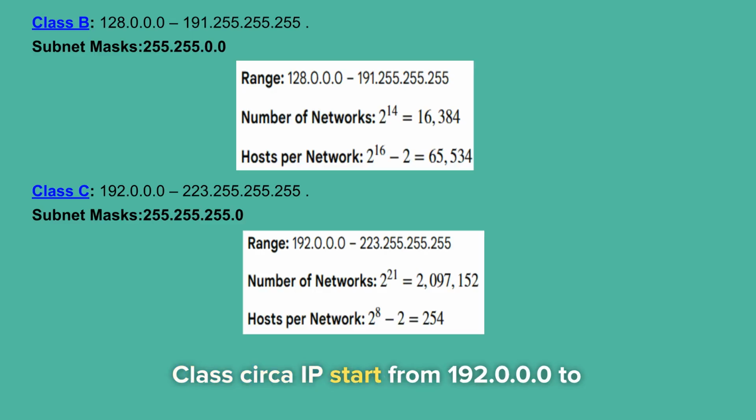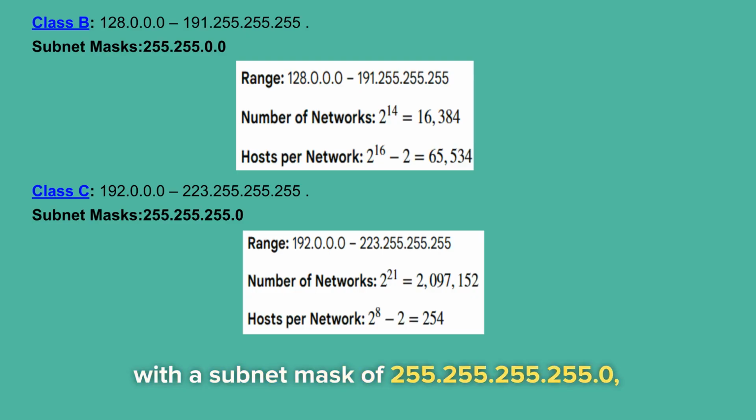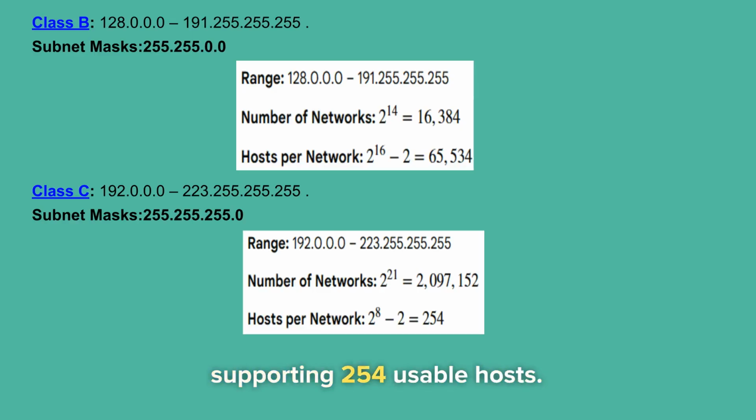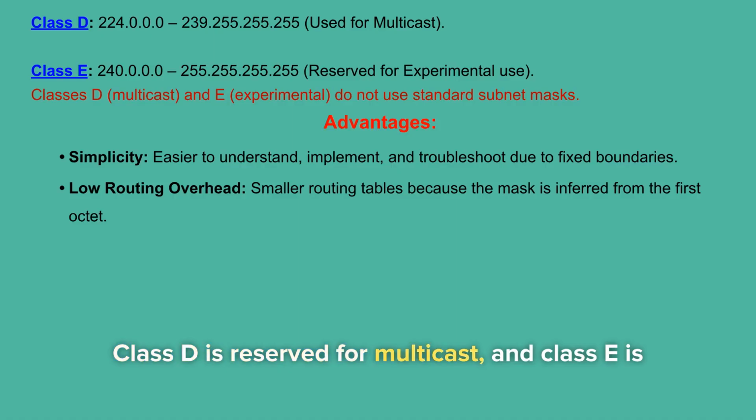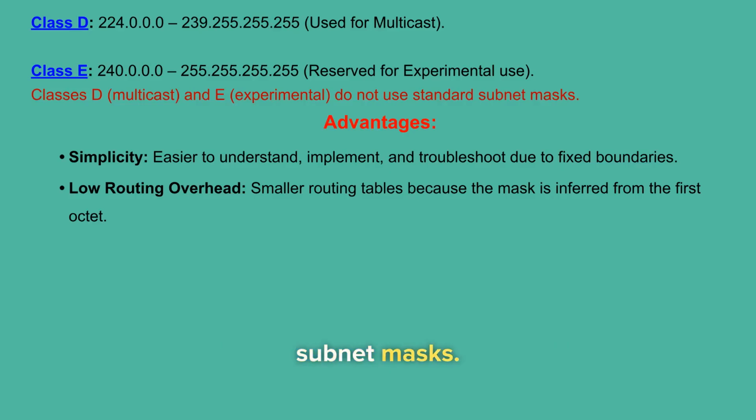Class C IPs start from 192.0.0.0 to 223.255.255.255, with a subnet mask of 255.255.255.0, supporting 254 usable hosts. Class D is reserved for multicast, and Class E is for experimental use, neither using standard subnet masks.